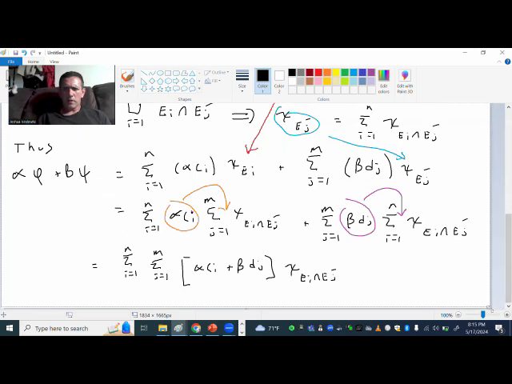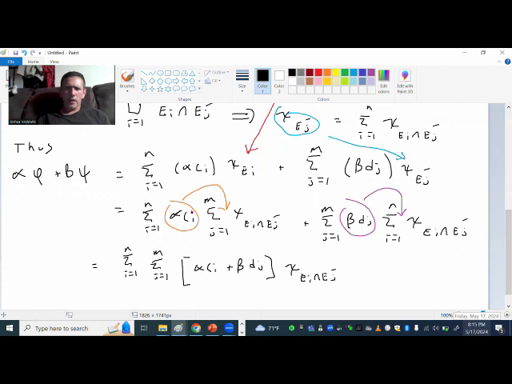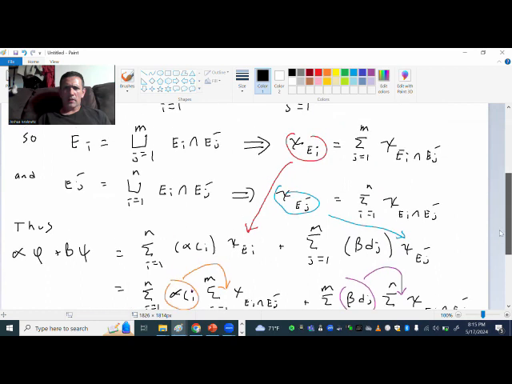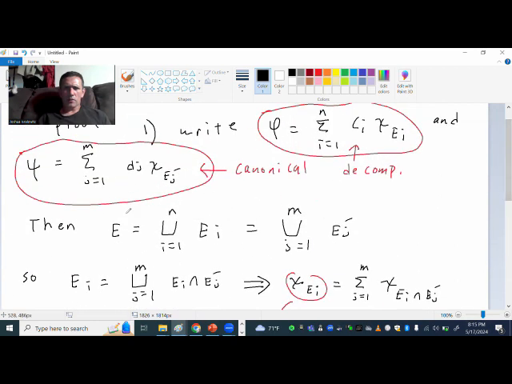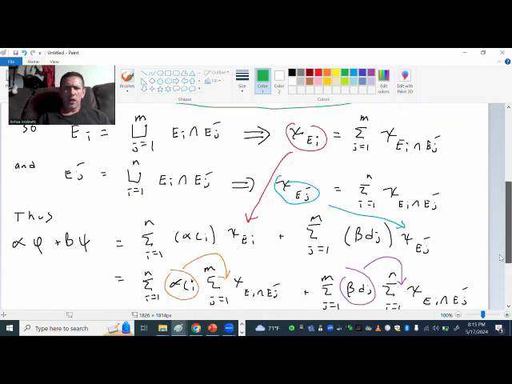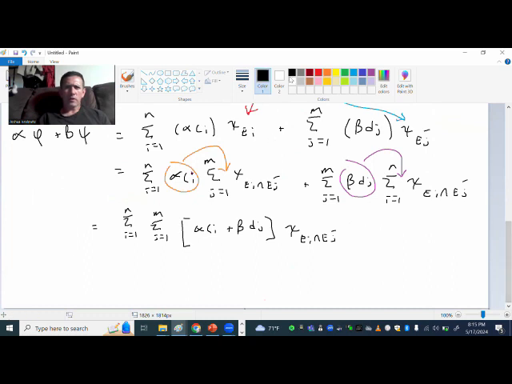All right. And the point is that, and this is kind of trivial just from this here, what I'm about to say, that all these sets partition E because of this. The E_i's partition E, the E_j primes partition E, and therefore E can be written as the disjoint union, I'll write it like this.